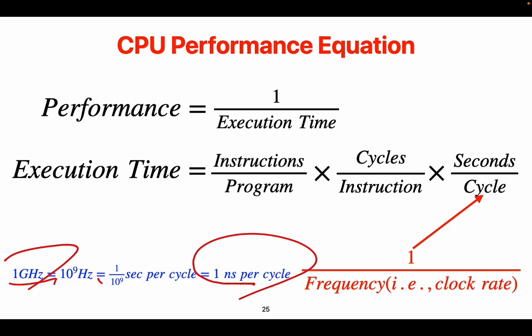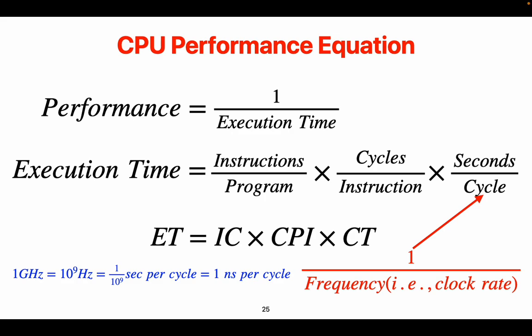If it's 2 gigahertz, it means half a nanosecond. If it's 4 gigahertz, it means 1 over 4 nanosecond, that's 0.25 nanosecond.